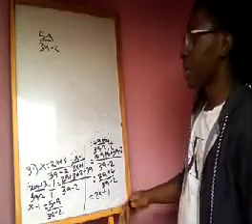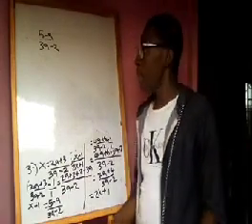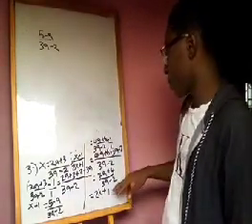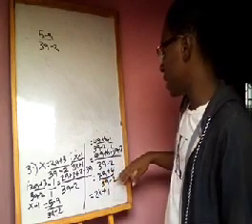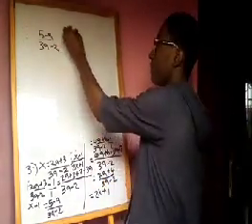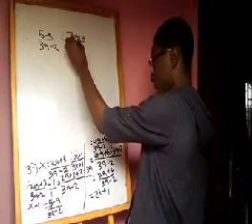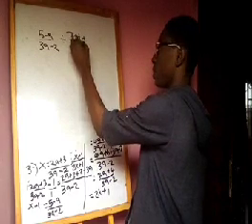2x + 1 is (7a + 4) divided by (3a - 2). So we are dividing by (7a + 4) over (3a - 2).